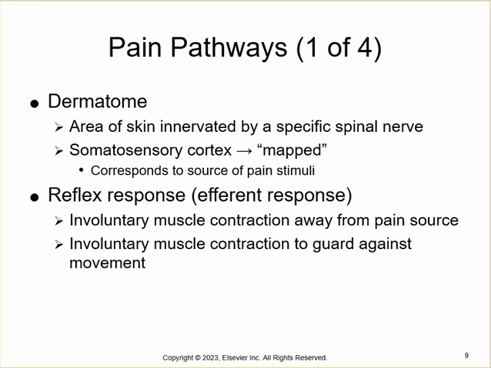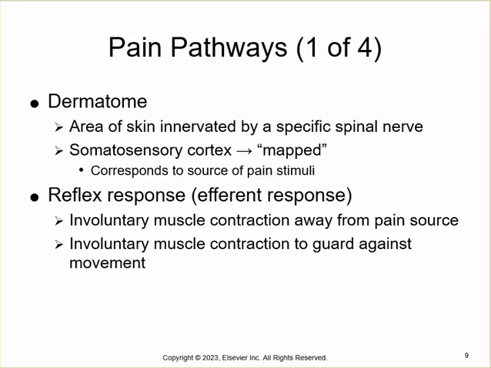So one of the problems that we have, especially in localizing pain, is it's the same nerve that'll be in a large area. And so if the pain is not right at the skin, which is mapped more precisely, then that whole dermatome will hurt or be numb or whatever.